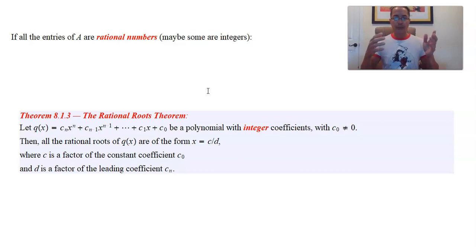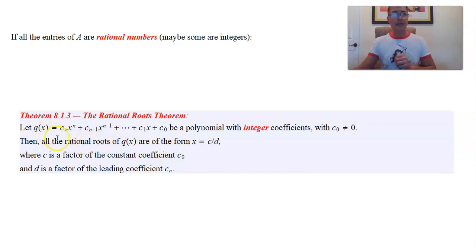But we want to look for the roots, so set that equal to 0, and then we can clear the denominators: multiply both sides by the LCD. So this time the coefficient of lambda to the n might not be 1. There might be a c sub n as coefficient for lambda to the n, but we can still make all the coefficients integers.